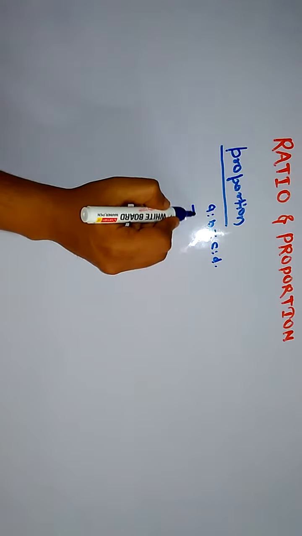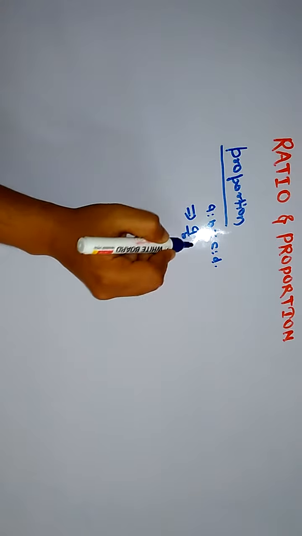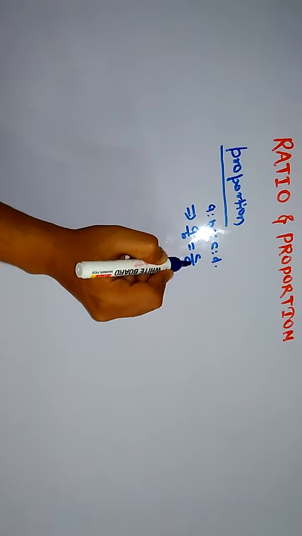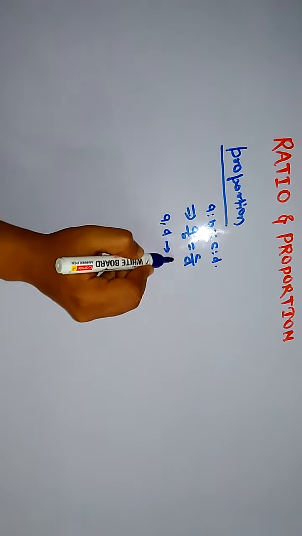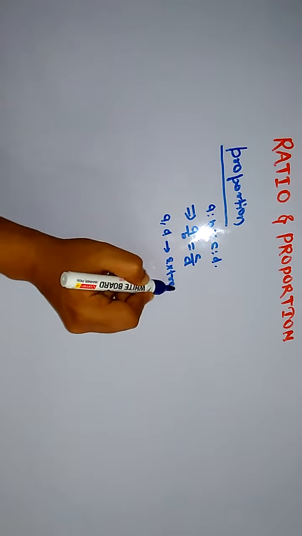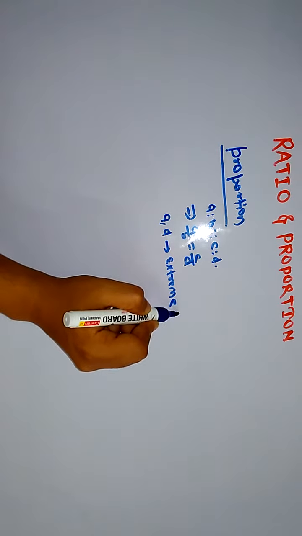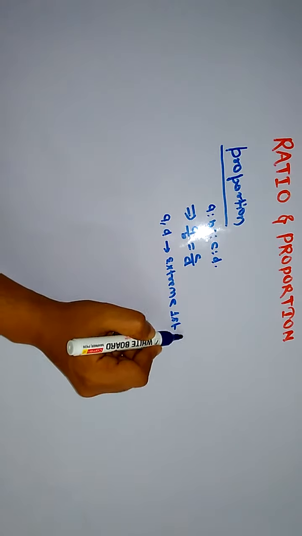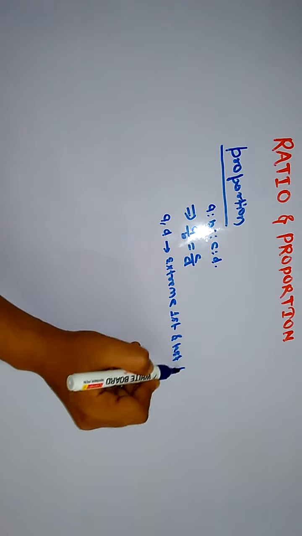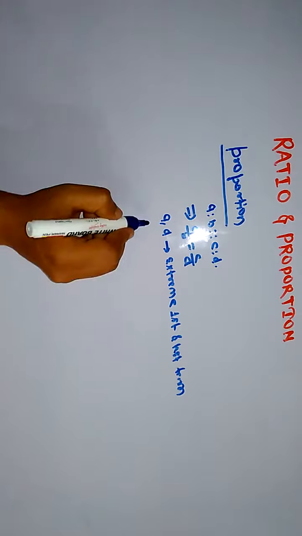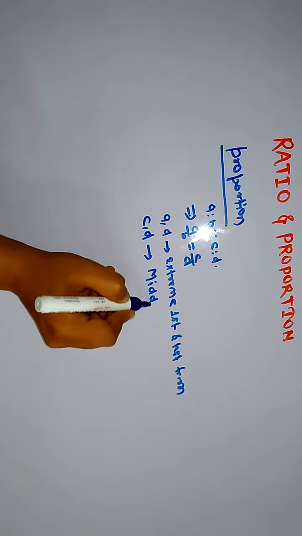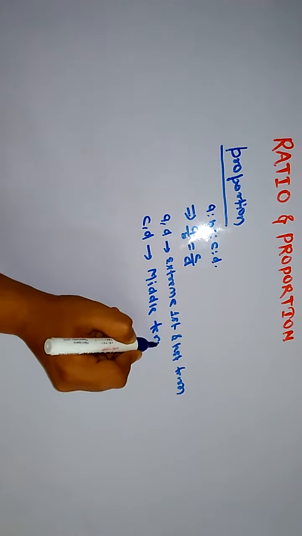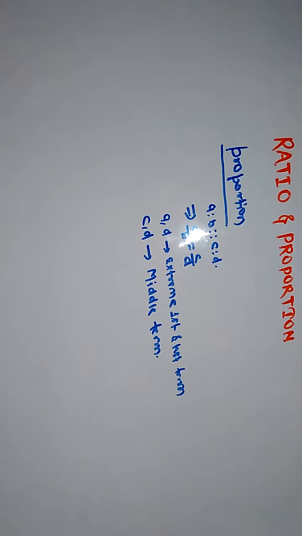It means I can write a by b equals c by d, where a and d are termed as extreme terms, the first and last term, and b and c are termed as middle terms. This is just the notation of a proportion.